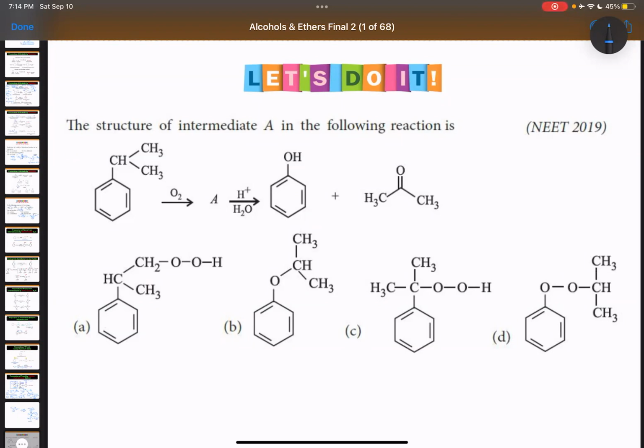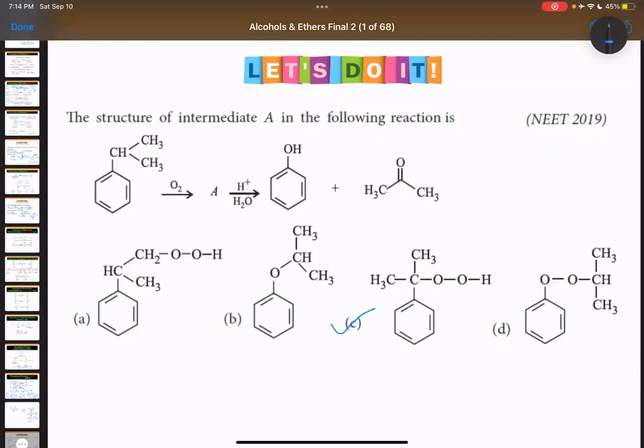Yeah, so what's going to be the answer of this problem? Direct question and very recent from NEET. Option C is going to be the right answer. Correct. Direct question.